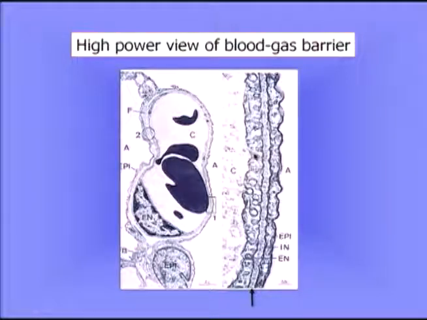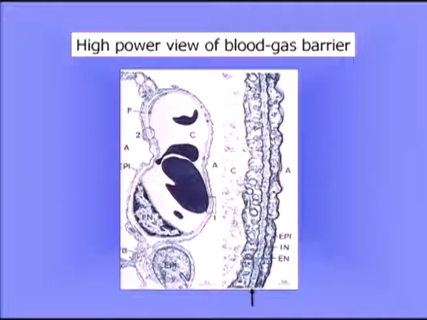The capillary endothelium is highly permeable to water, solutes, ions, and even some proteins. As we'll see, some albumin can move through the capillary endothelium. But by contrast, the alveolar epithelium is extremely impermeable to water, solutes, ions, proteins.